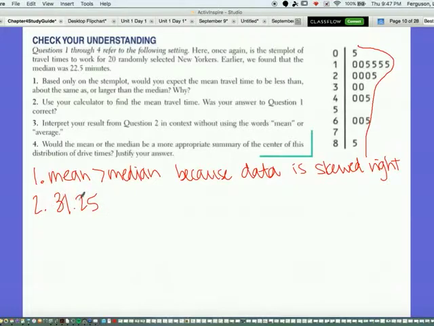So, as you can tell, the mean is 31 and a quarter, and the median was 22 and a half. So, our answer to question 1 was correct.